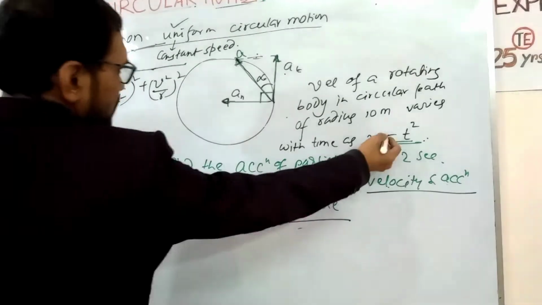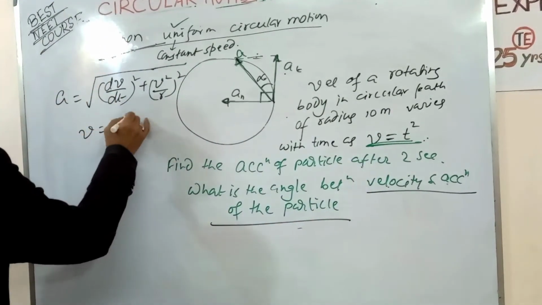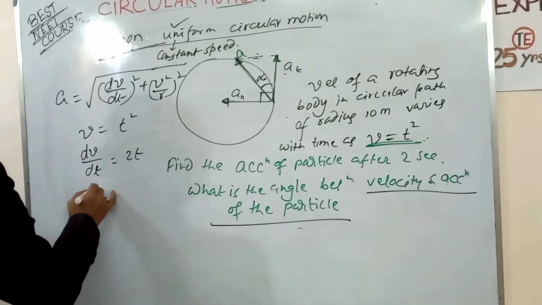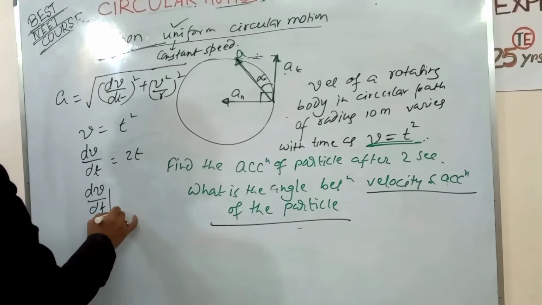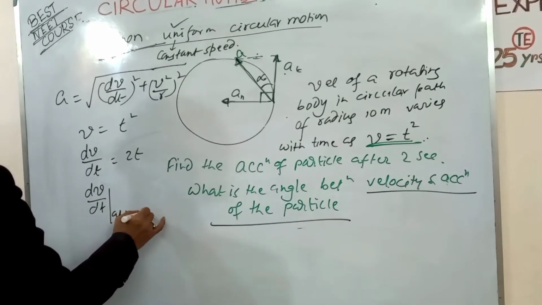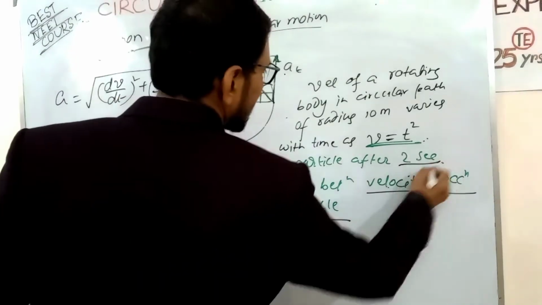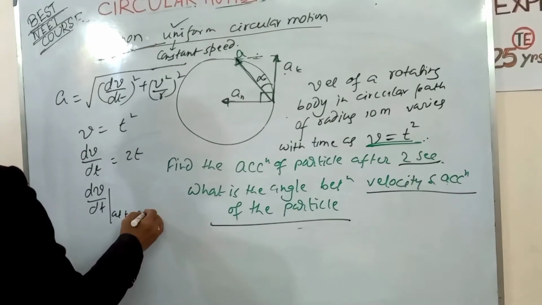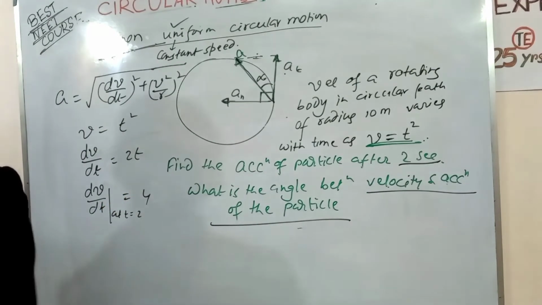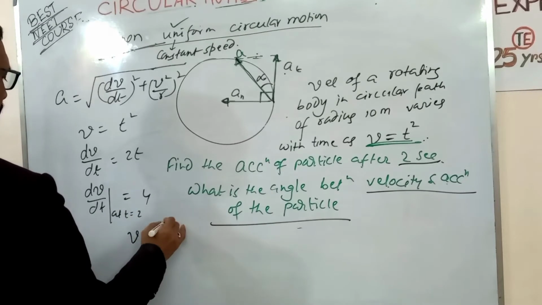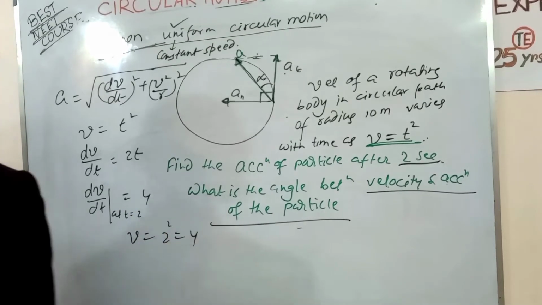So first, from v equal to t square we get dv by dt equal to 2t. So dv by dt at t equal to 2 seconds is 4. Velocity at t equal to 2 is 2 square, which is equal to 4.